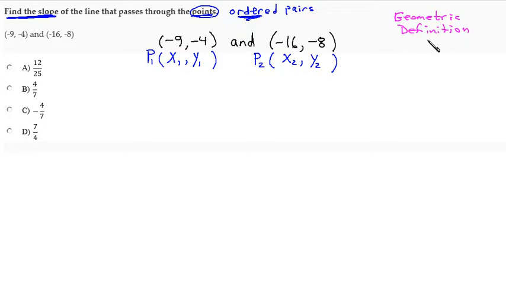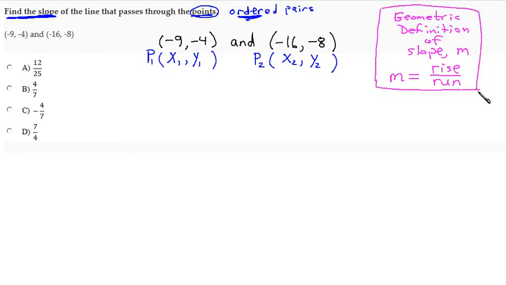The geometric definition of slope, where slope is represented by the variable m, is this. Slope is calculated as rise over run between any 2 points. If you can measure the rise and the run somehow, and you put rise over run, then that will generate a number for slope. This is one formula to calculate slope.